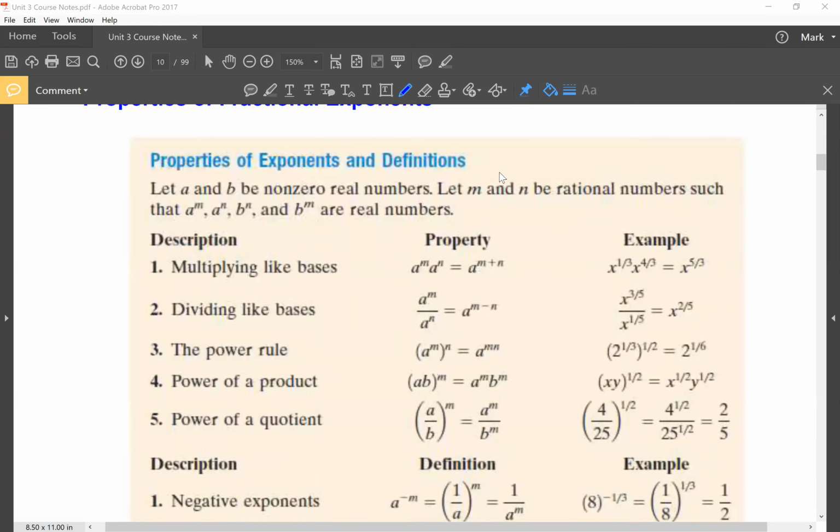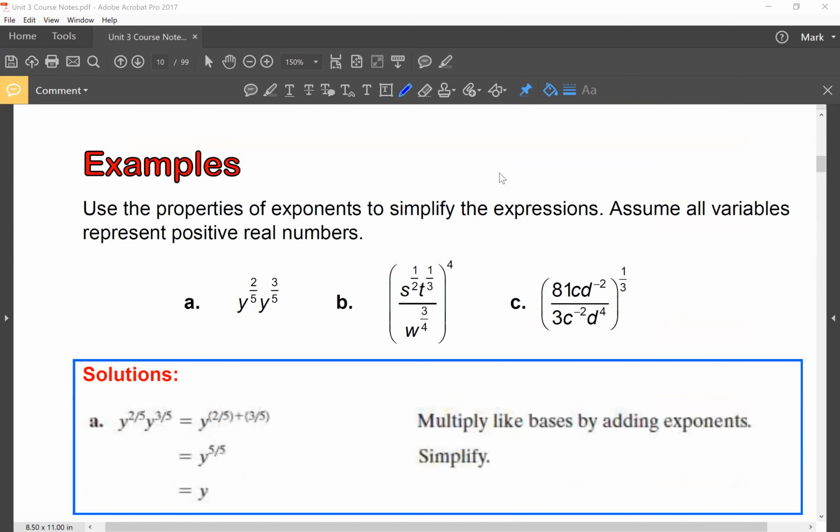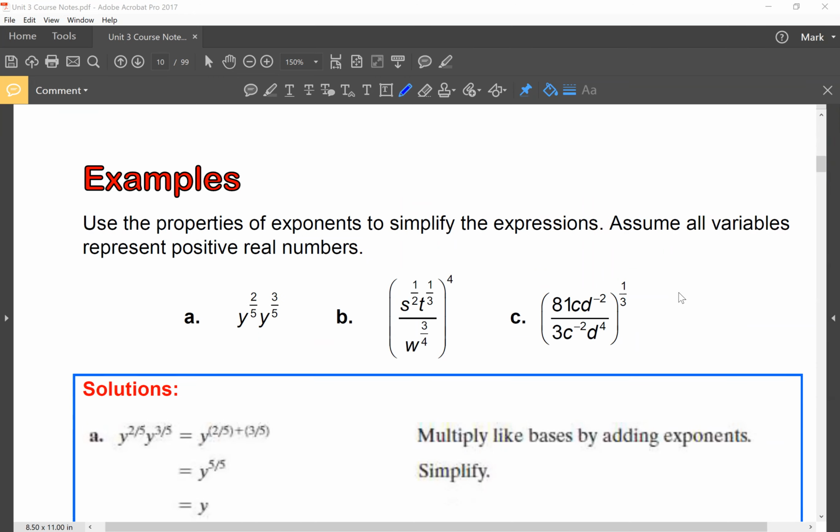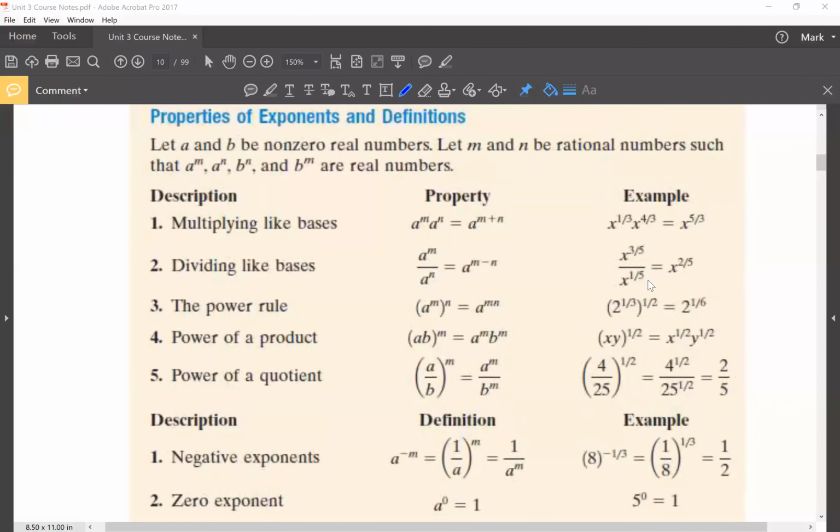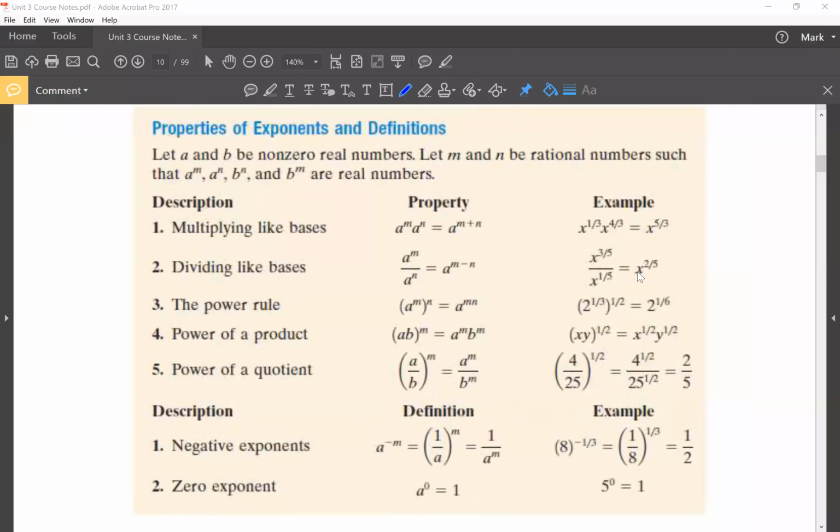Now what we're going to do is use the properties of these exponents to simplify these expressions. This table, or this information, we did all the way back in topic 4.